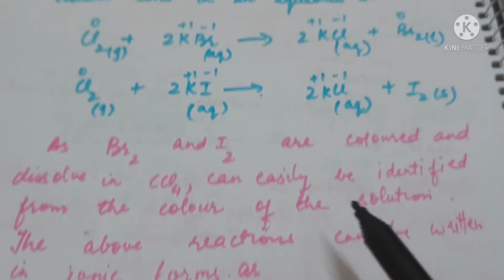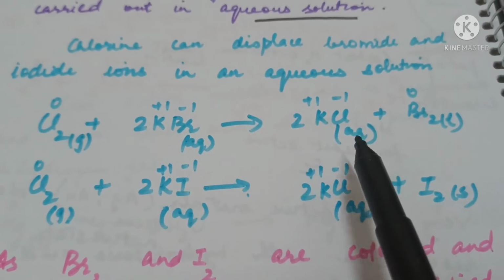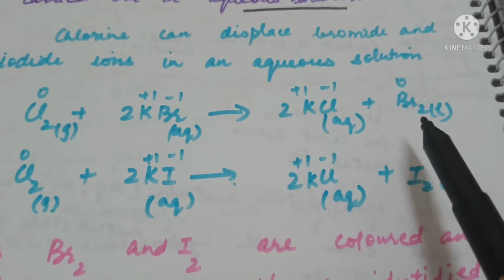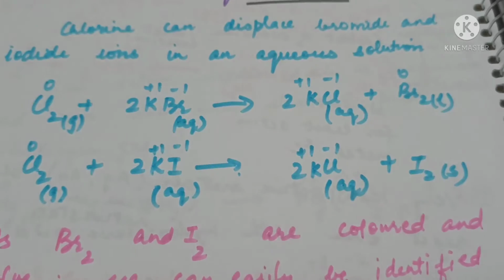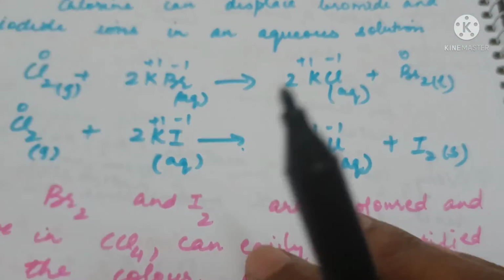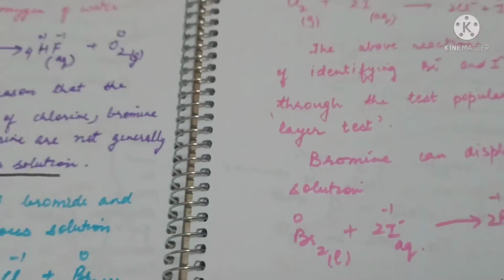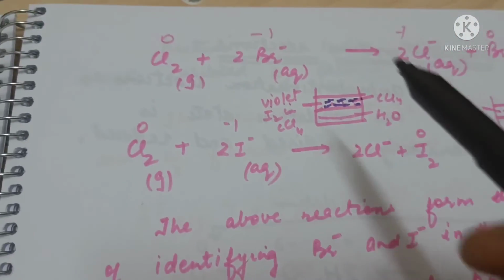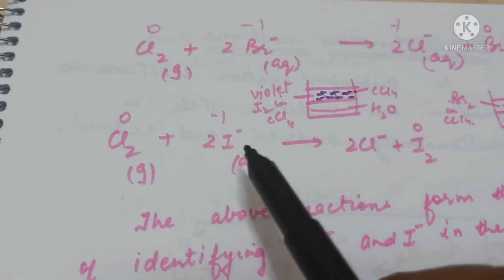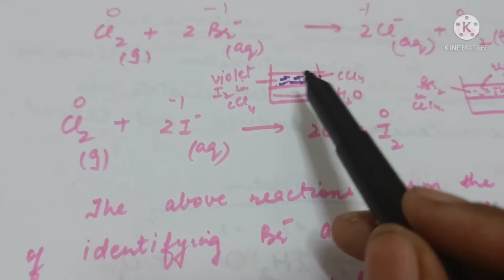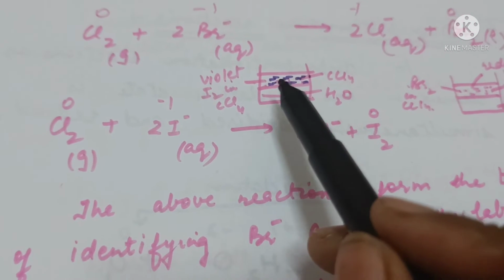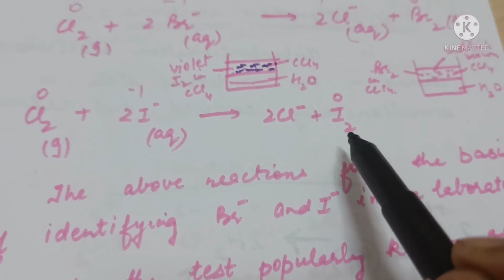For example, when this reaction is carried out in presence of carbon tetrachloride, the bromine released dissolves in the carbon tetrachloride layer and gives a reddish brown color to the layer. Similarly, when the reaction with iodide is carried out, the violet color in the carbon tetrachloride layer above water will show that iodine is being released.